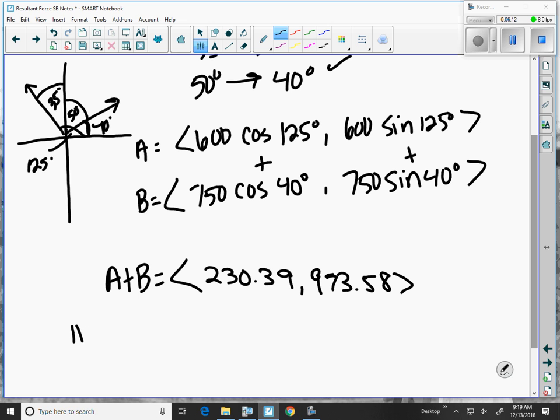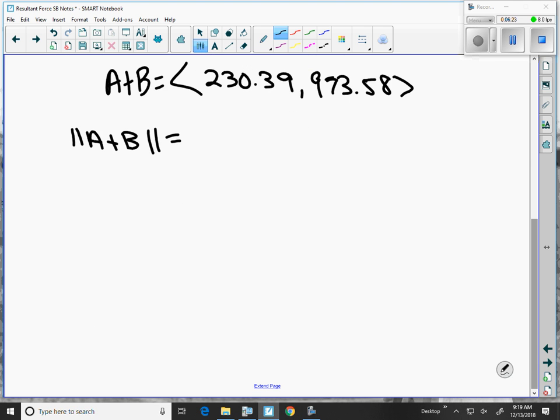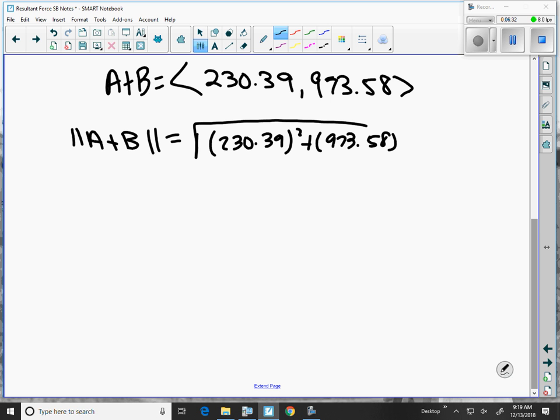Okay, and it asks us to find the magnitude and the direction angle. So we're doing magnitude and direction angle, which from here, this is stuff that we've been doing for a couple weeks now. You should be familiar with. Did you guys make sure I put this one in?